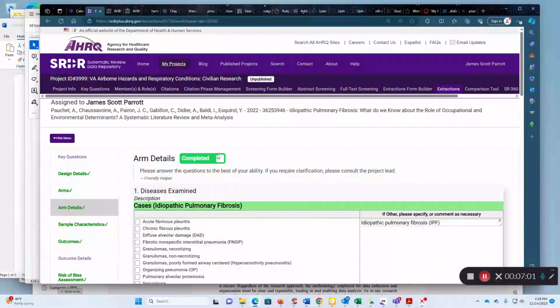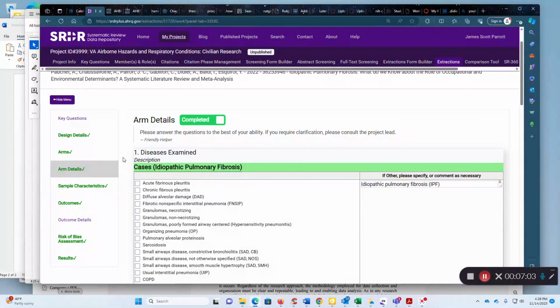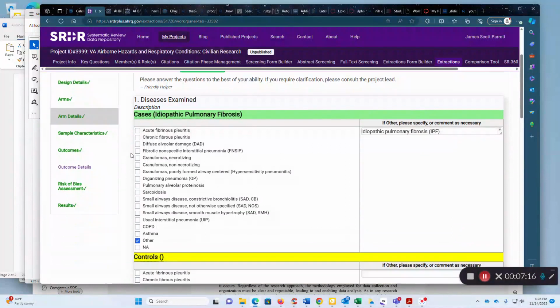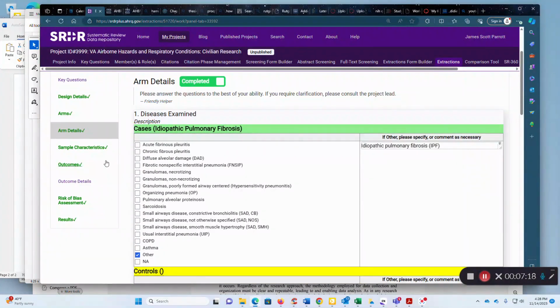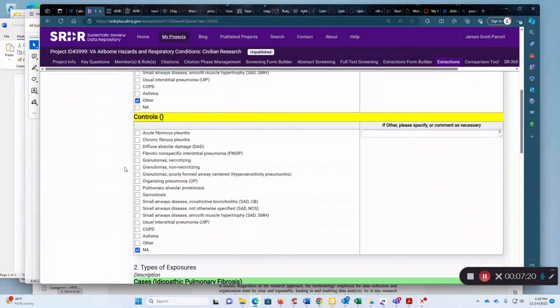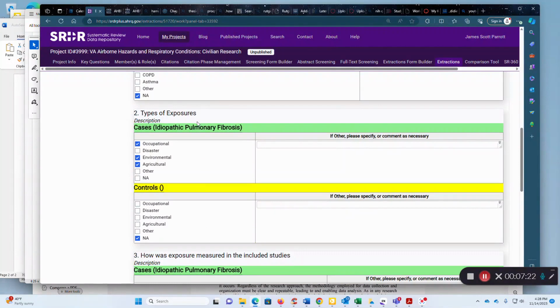Now, ARM details, what we're really looking for here, and if you are not working on any of the projects that I'm working on, you would have defined your own ARM details. What is it that is important to know about, in this case, because of the ARMS, what diseases were examined? So we see in cases, in the controls, what types of exposures.